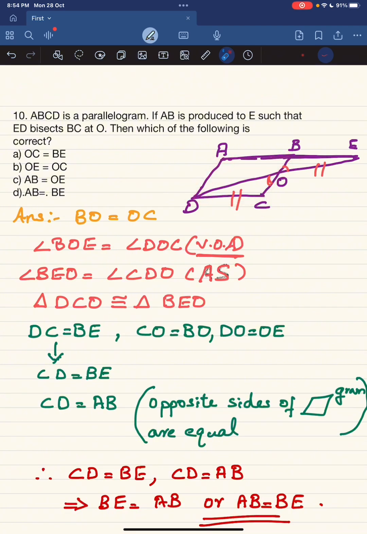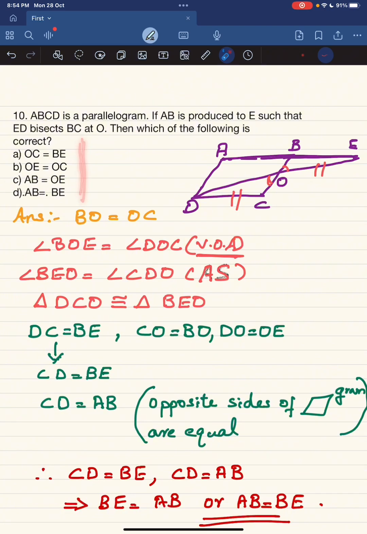If AB is produced to E, meaning AB is extended to E, such that ED bisects BC at a point O, then we have to find which of the following statements is true.